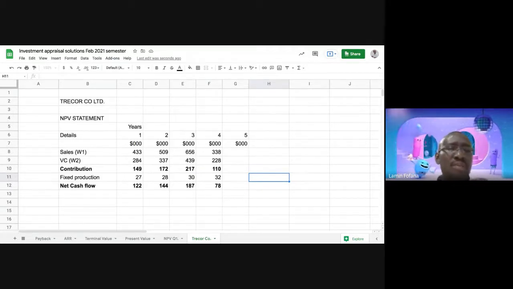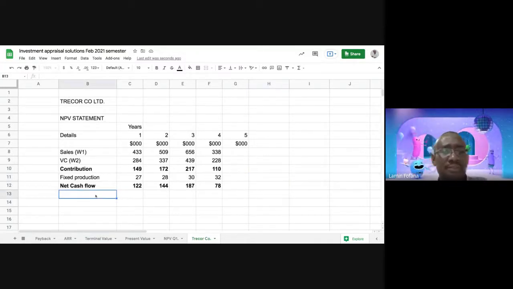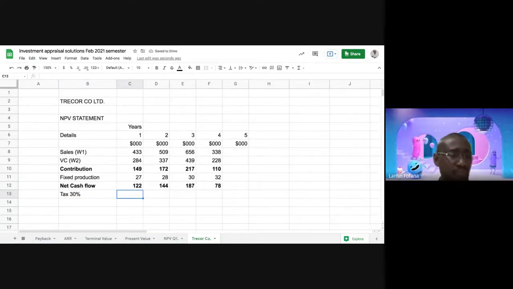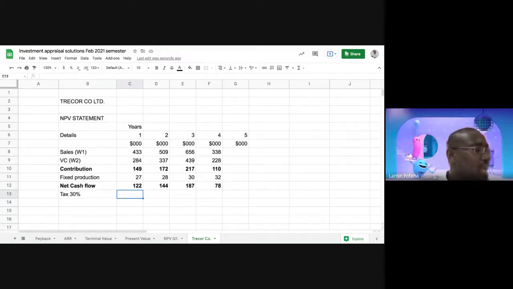So we are going to calculate tax on these cash flows. So let's calculate tax at 30%. The tax for year 1, when will it be paid? In year 2. And the tax for year 2 will be paid in year 3, and so on. So we're going to start calculating our tax from year 2.